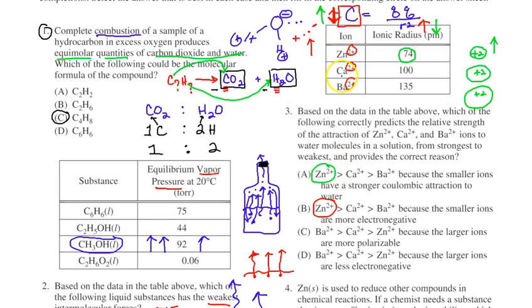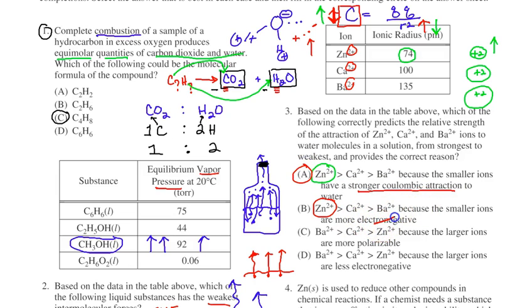And calcium would be next because it's the second smallest, and therefore barium. So that's why A and B make sense. And they look at the answers here between these two, because the smaller ions have a stronger coulombic attraction or electrostatic attraction, and that's why A is the best choice.